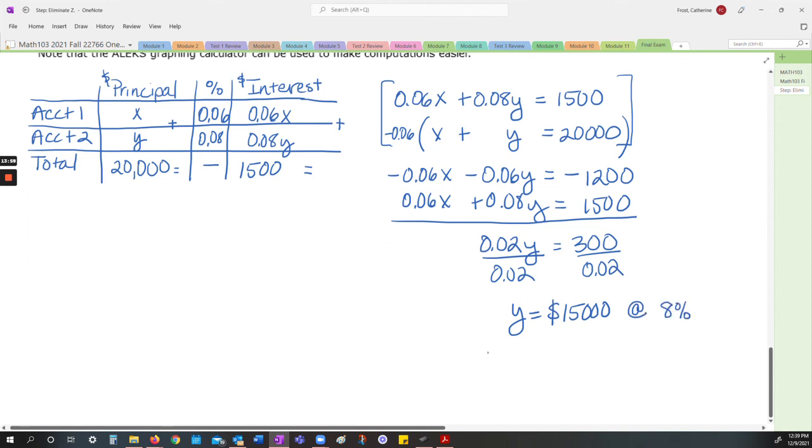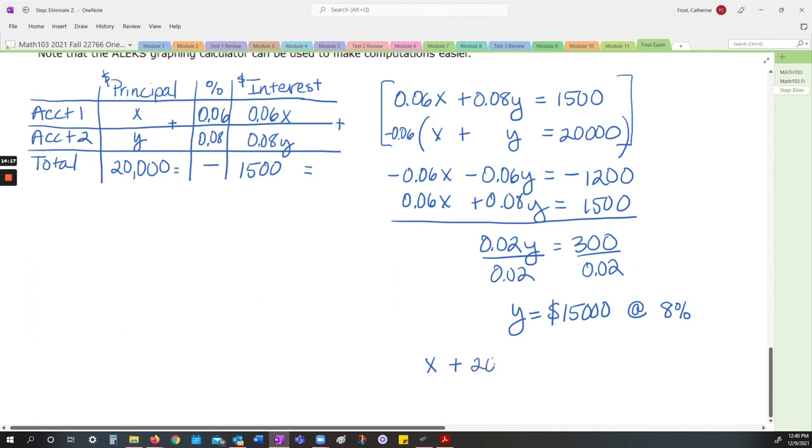So then to figure out the amount invested at 6% interest, well, we know they add up to 20,000. So you might be able to just go, oh, it's going to be 5,000. But if not, depends on the numbers, you can plug into that other equation since it's simpler. That's why I'm picking the second equation.